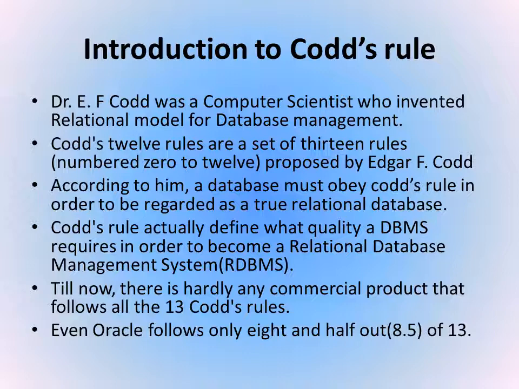According to him, a database must obey Codd's rules in order to be regarded as a true relational database. So if I want to say that Oracle is an RDBMS, I cannot simply say that it is an RDBMS. First, I have to prove that it obeys Codd's rules. Only if it obeys Codd's rules can that particular DBMS software be considered as RDBMS software.